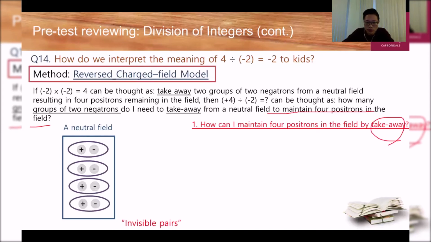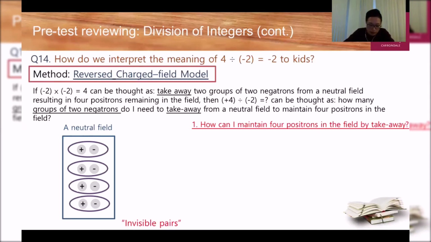Because I have nothing to take away, I will use the invisible pairs again. Because I want to maintain full positrons in the field, at least I will need 4 invisible pairs.